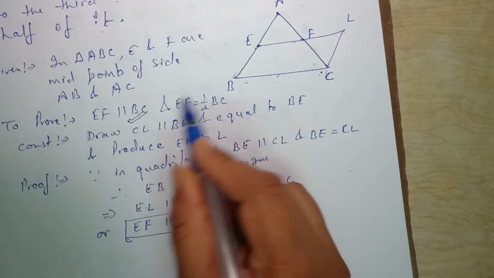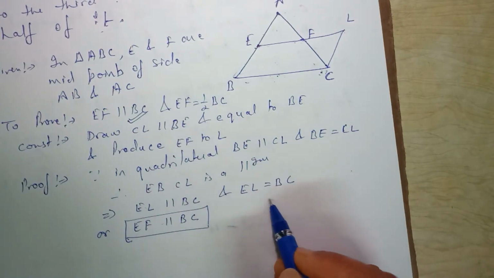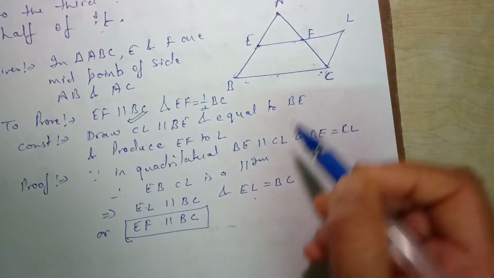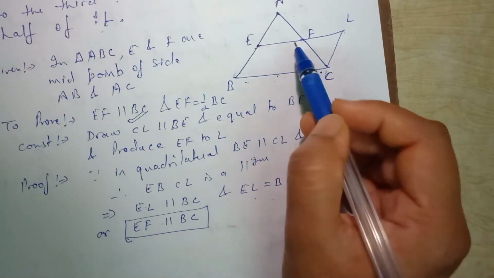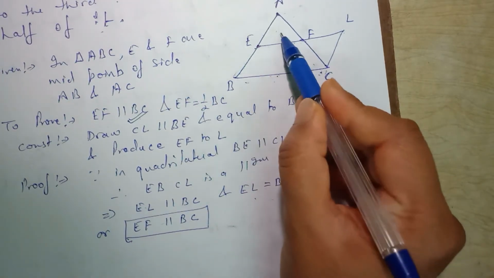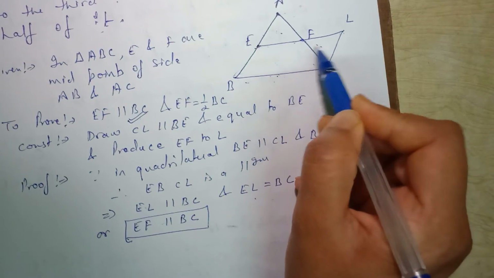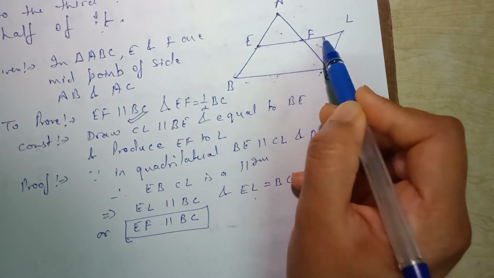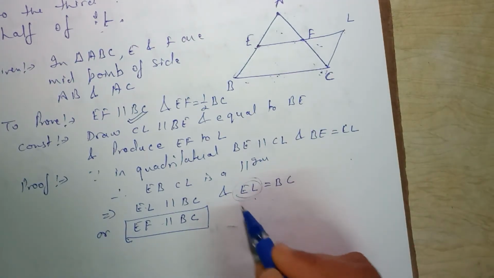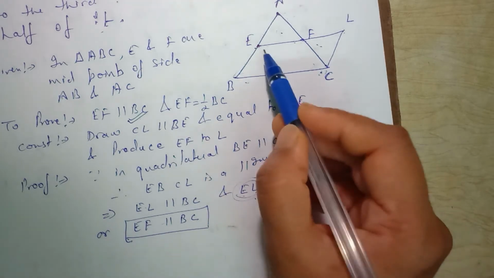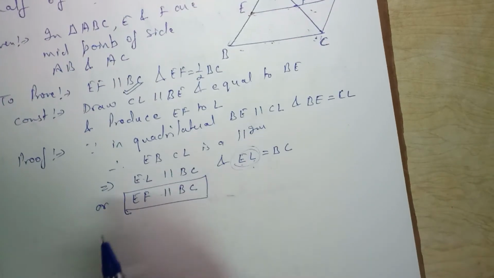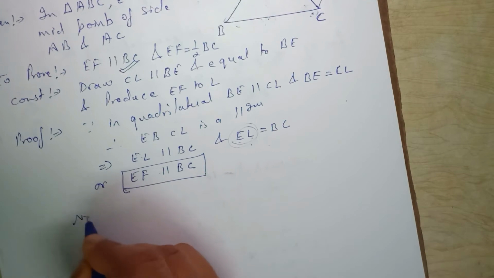Now for the second part, we have to take the two triangles and prove EF equal to FL, so that in place of EL, we get EF. Now come to the two triangles.